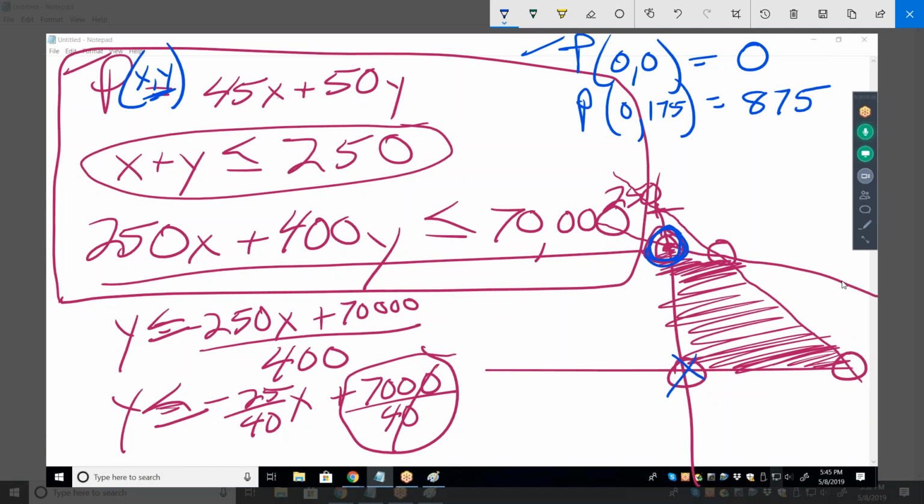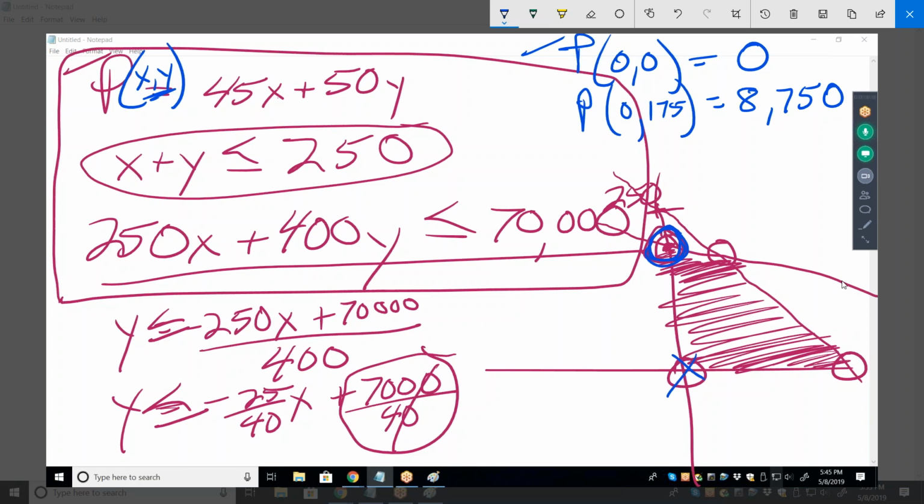All right. What is 50 times 175? Oh, 50. That's right. 175 times 50. 8,750. So far, that's our best result.